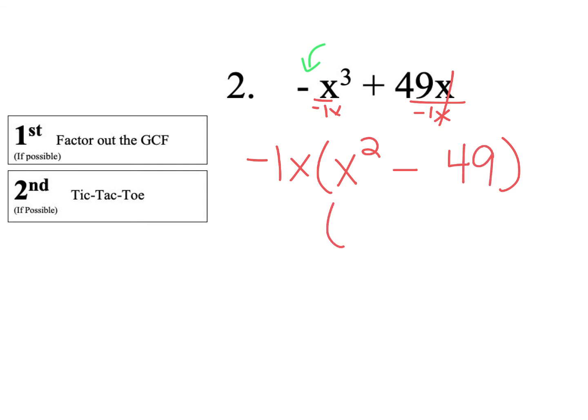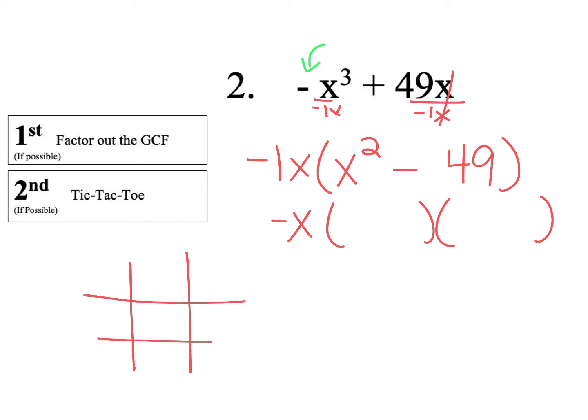Okay. Potentially, this binomial may factor further, and I'm just going to put negative x since that's the same as negative 1x. So off on the side, again, quickly do your tic-tac-toe to factor. This would be x times x, factors of 49. One has to be positive and negative, and since I need it to add to 0, the trick would be to take the square root of 49, it's 7.